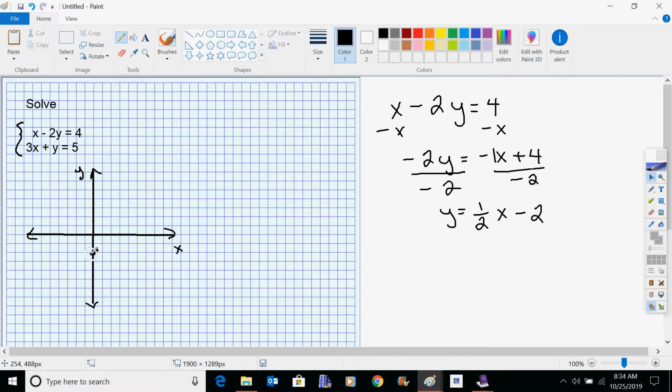So negative 2. And then what's the 1/2 do? Up 1 and right 2. So up 1, right 2. Going on and on and on. And then we have to make our very best straight line that goes through these. Like that. Okay.